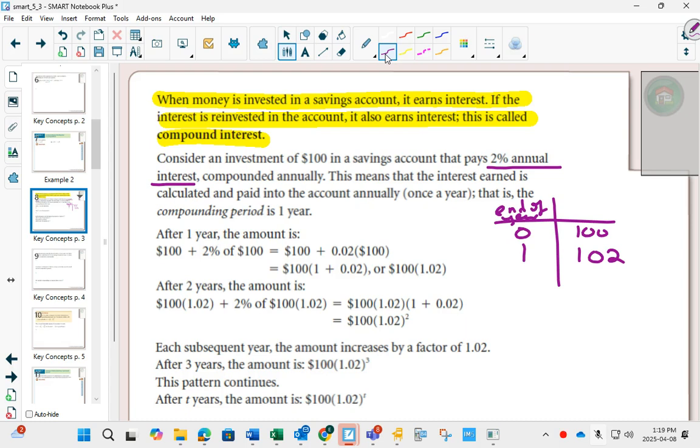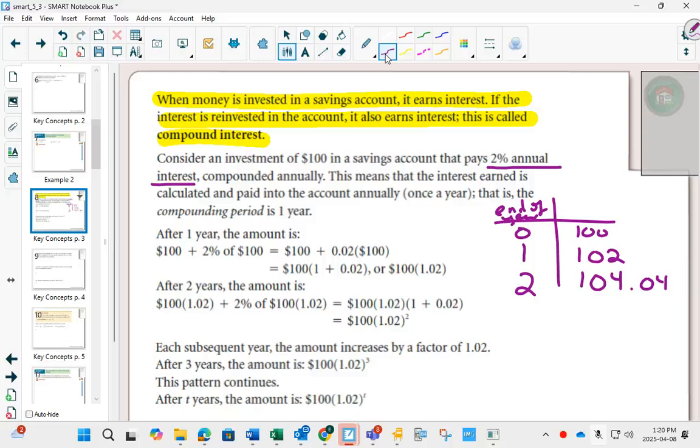Then at the end of year 2, you make now 2% on the $100 again, which will give you another $2, but you also make 2% on the $2 you already earned. So you would have $104, and 2% of $2 is 4 cents. The 4 cents is your compound interest extra that you got.